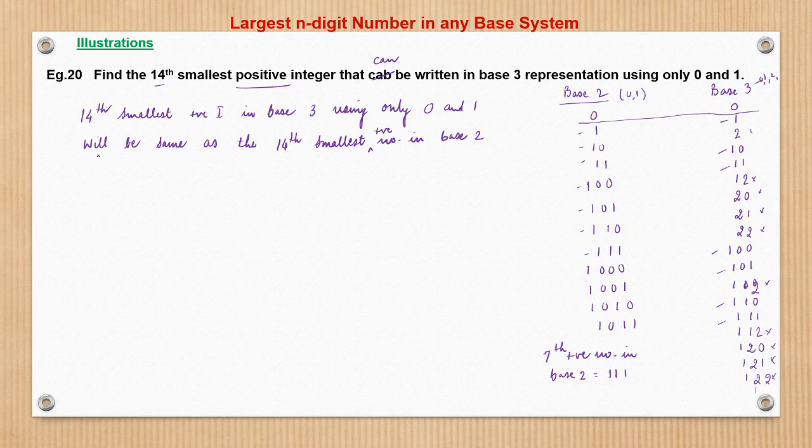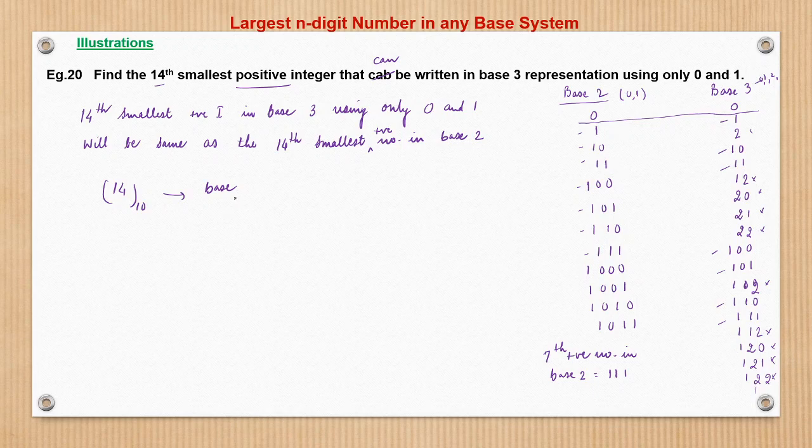So the same way, that will be the 14th number in base 2, and the 14th number in base 2 is nothing but converting 14 in base 10 to base 2, right? Because this is 1, this is 1 0 is 2, this is 3, the decimal form.